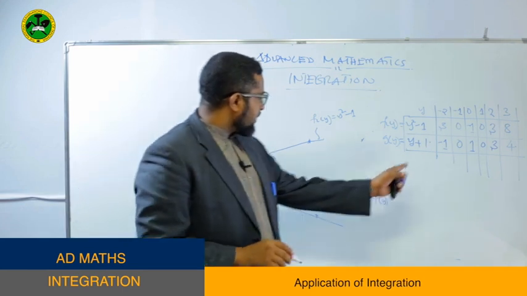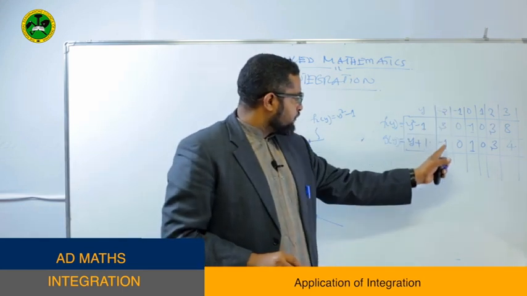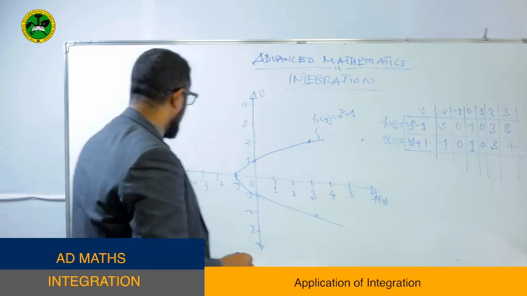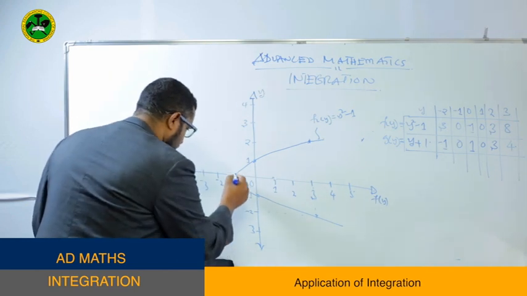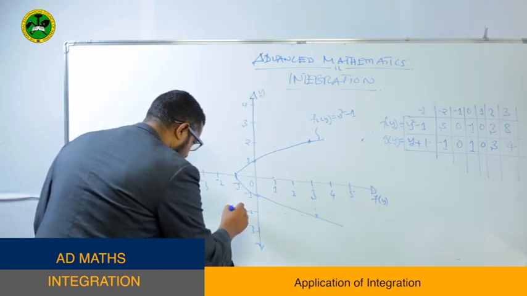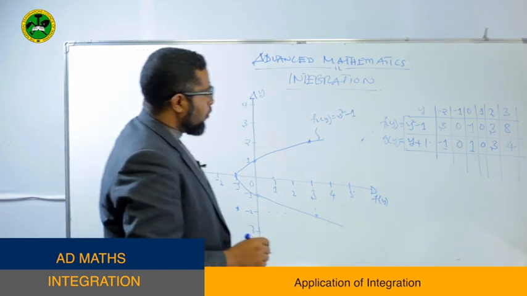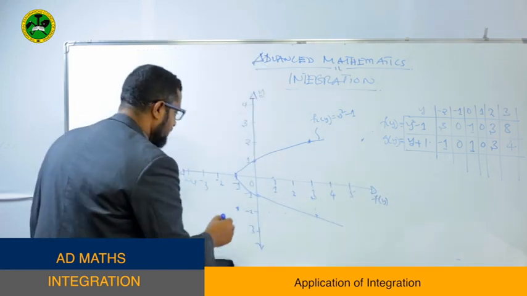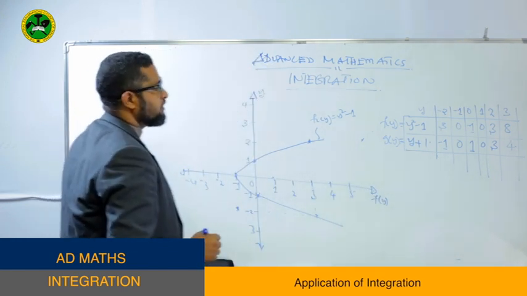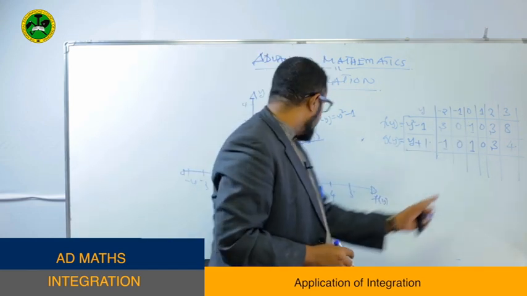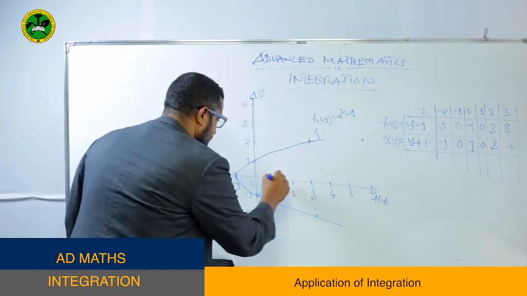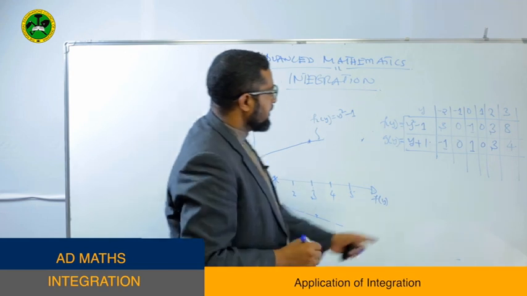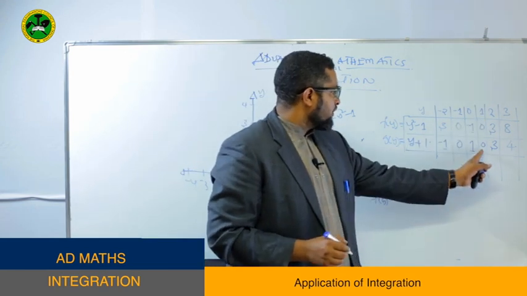Now let's go for the second one. Negative 2 gives us negative 1. Negative 1 gives us 0. When it's 0, it gives us positive 1. When it is 1, it gives us 0.